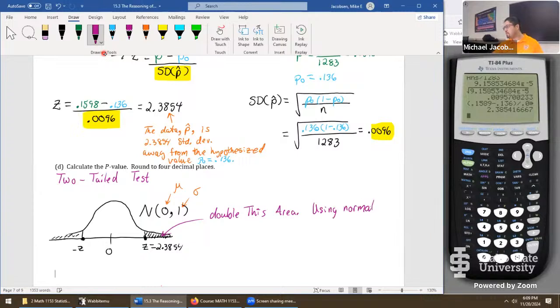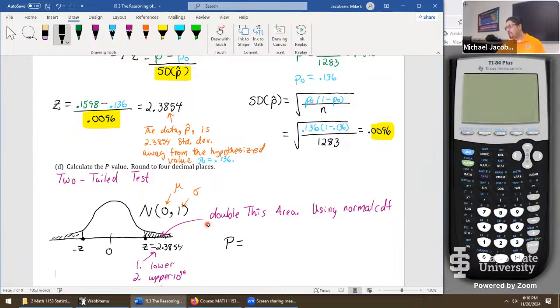That means we're using normal CDF in the calculator, which means we should specify the inputs. This would be input 1, lower. It's a lower cutoff. Input 2, upper, is positive 10 to the power 99. These are always the last two inputs in the calculator. So now we're about ready to say what the p-value is.